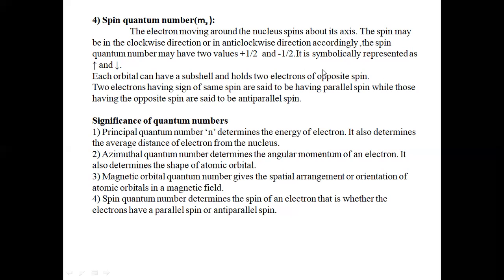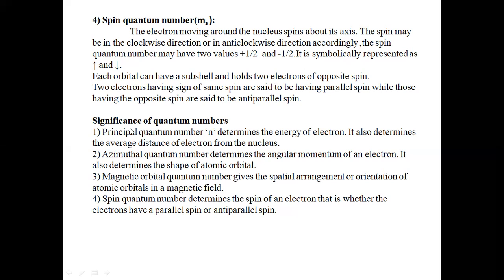While those having opposite spin are said to have anti-parallel spin. If they have the same spin, we call it parallel spin. If they have opposite spin, we call it anti-parallel spin.